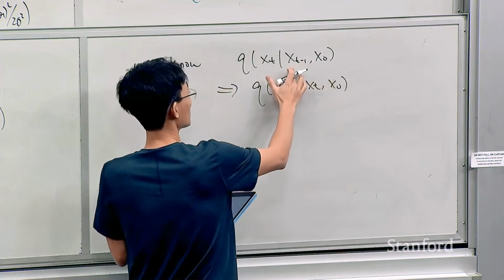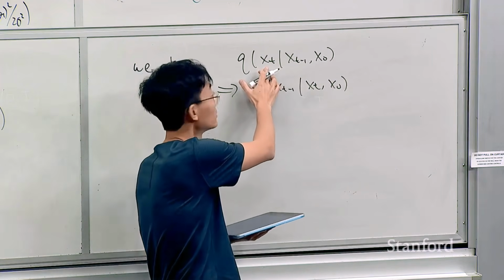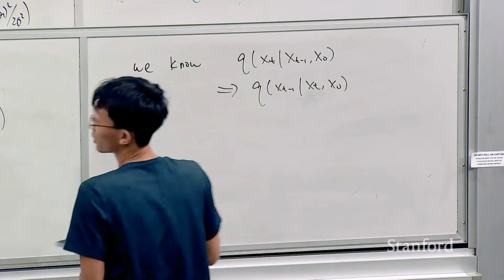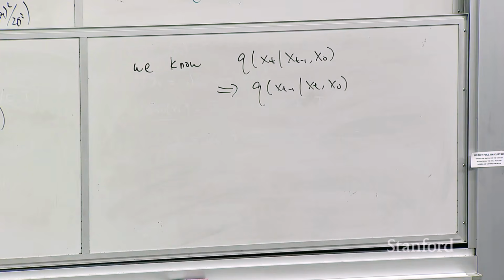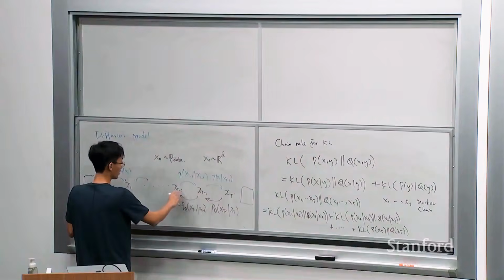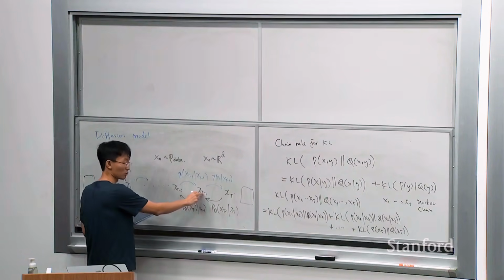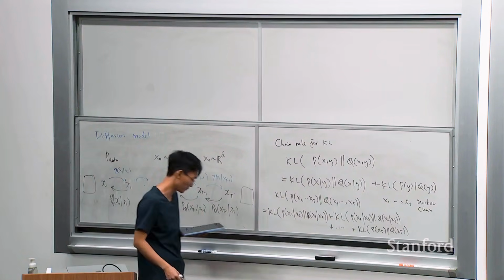If you know x0 and xt minus 1, you know the distribution of xt, because the forward process is quite simple: you can add noise to get xt.